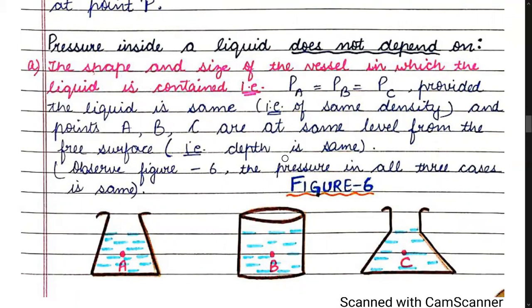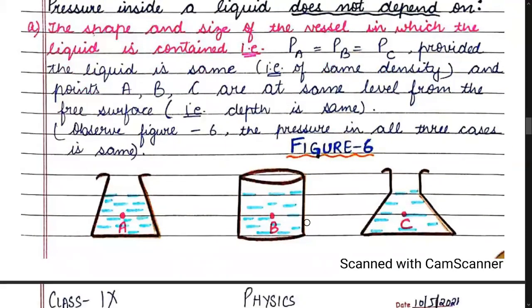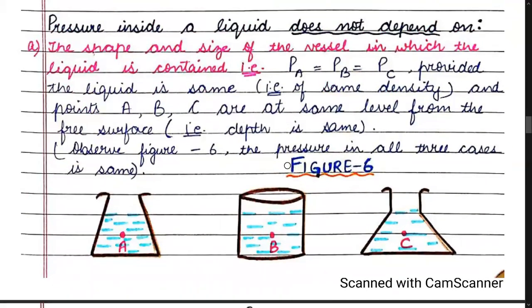In figure number 6, you can see that you are having three different containers and you have to find pressure at same depth. So here what we have to do, we have to see where the pressure is more.